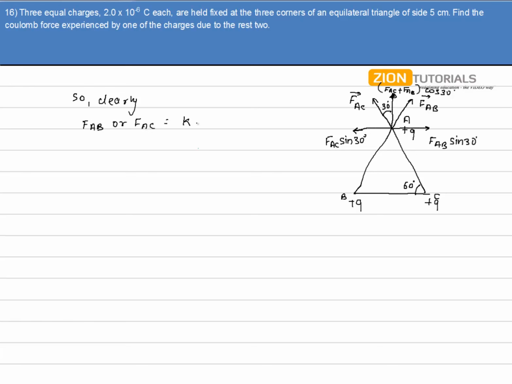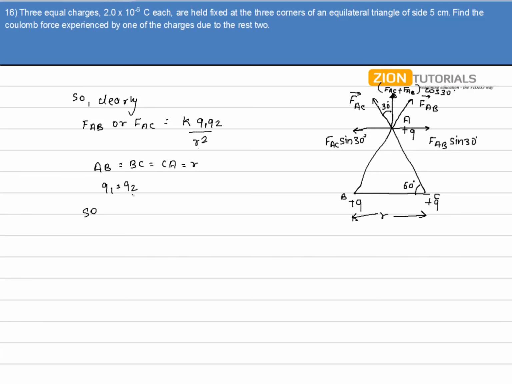be equal to K Q1 into Q2 upon R square. Let this distance be R. So as it is an equilateral triangle, AB will be equal to BC equal to CA equal to R, and of course Q1 is equal to Q2.